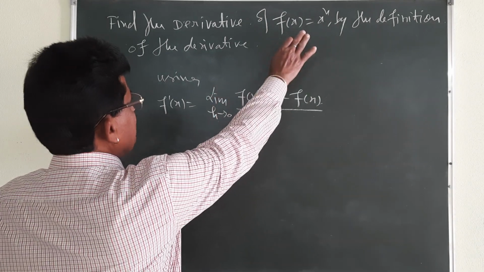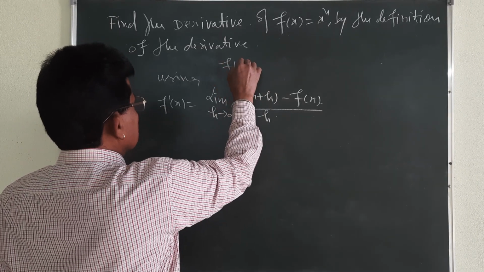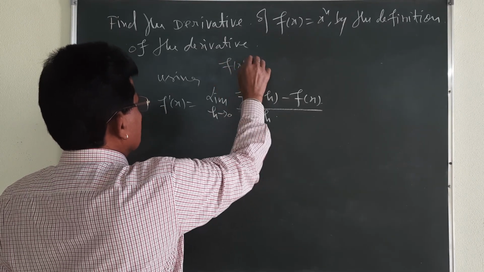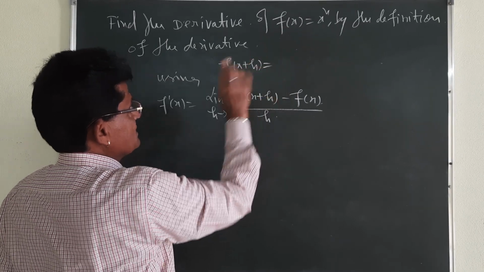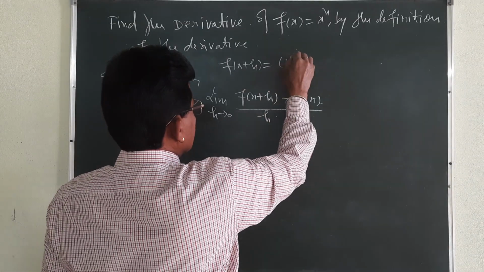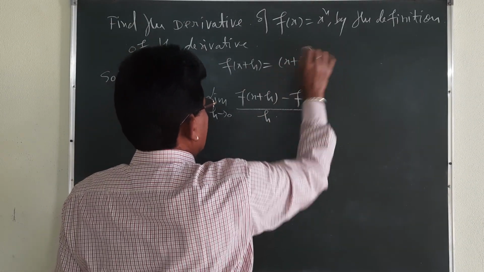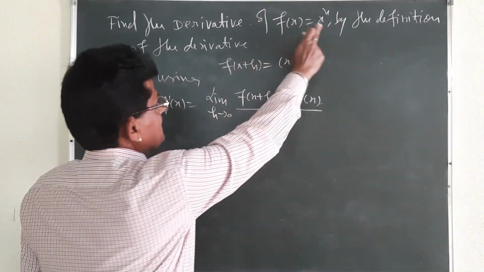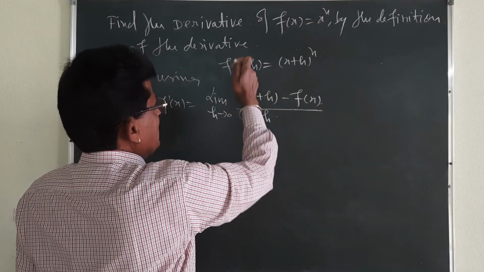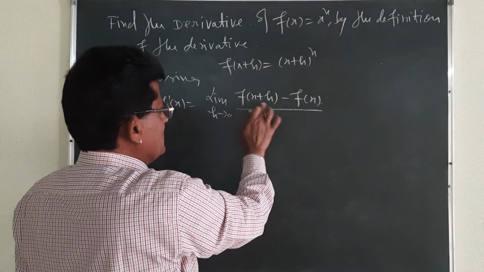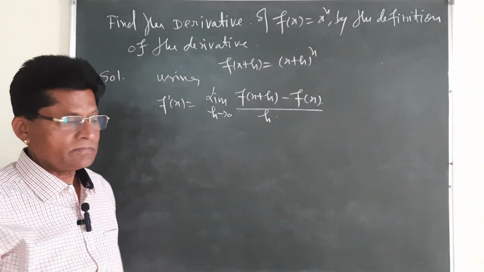Here f(x) is given, and for f(x plus h), in place of x write x plus h only, so (x plus h) to the power n. Wherever f(x) is equal to x to the power n, in place of x we write x plus h, because we need the value of it.